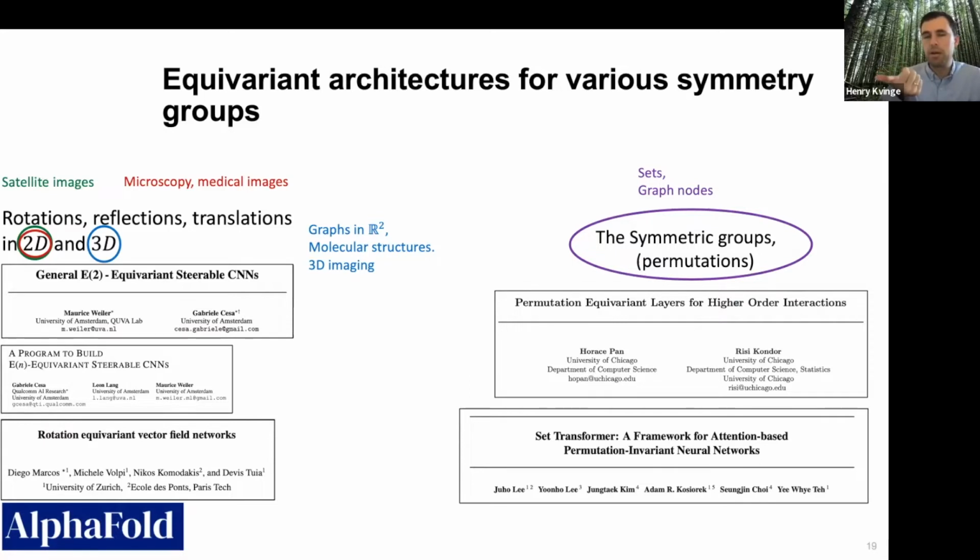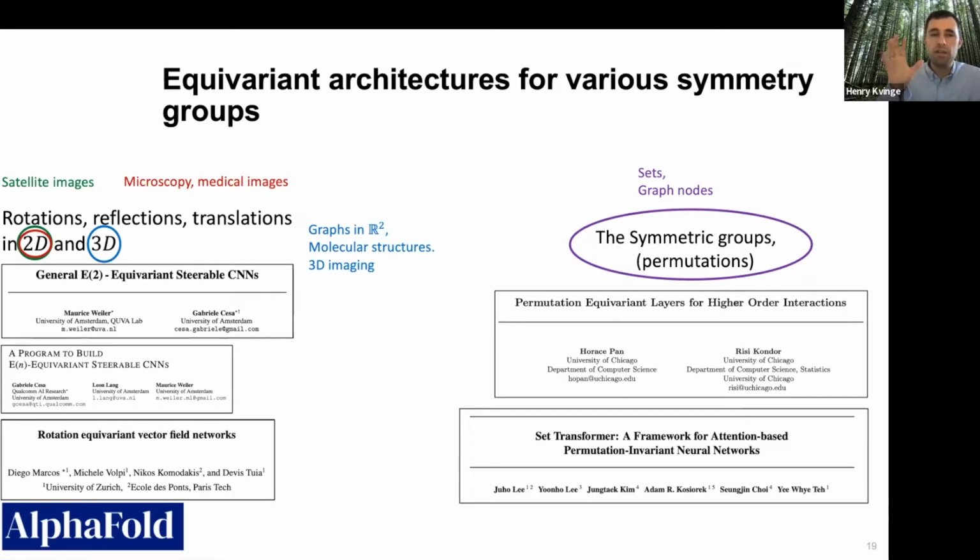Imagery, which I already showed, is of course a big thing. I think this is where all this started, with people wanting rotation equivariant networks for things like microscopy, where orientation doesn't matter, or satellite images, certain types of medical images.